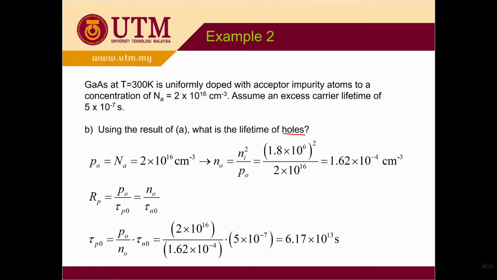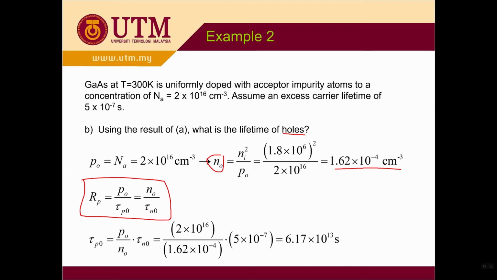So hole is given as this one, 2 times 10 to the power 16. You divide them, you get NO, and Ni square divided by this, you get NO. So what's the purpose of finding NO? The reason is because of this equation here, where the recombination rate for holes is hole divided by the lifetime, and for electrons, you divide by the lifetime.